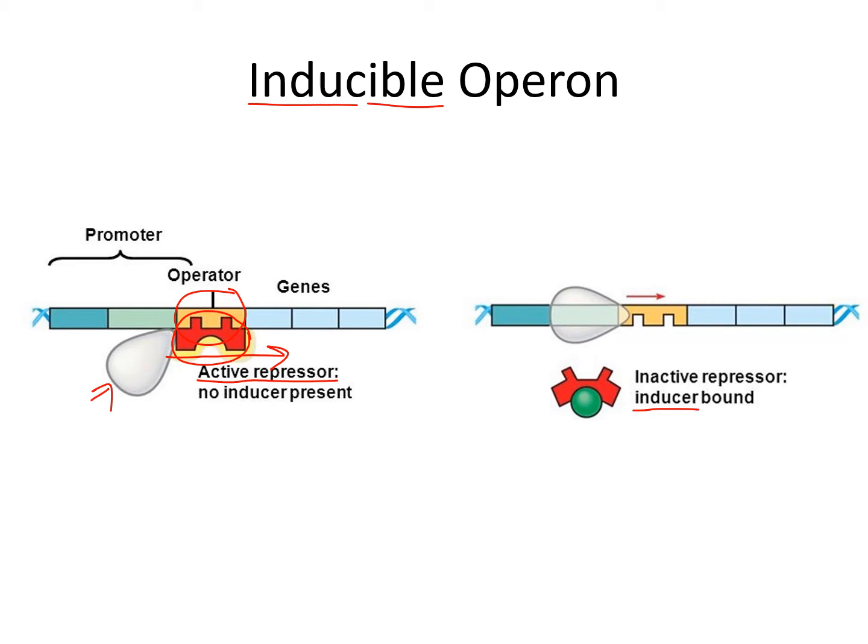The inducer is a molecule that will bind to the repressor and change the shape of the repressor. When it changes shape, the repressor can no longer bind to the operator, and now the RNA polymerase is free to slide along the DNA and transcribe the genes, which will be translated into proteins, which means that the enzymes will be produced and you will have the biochemical reaction.